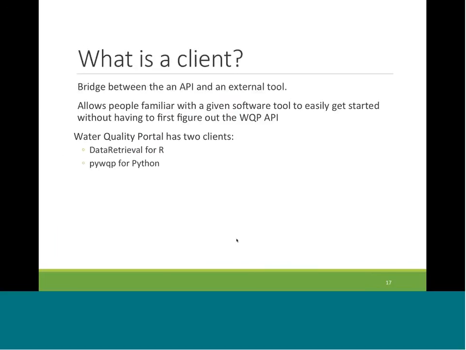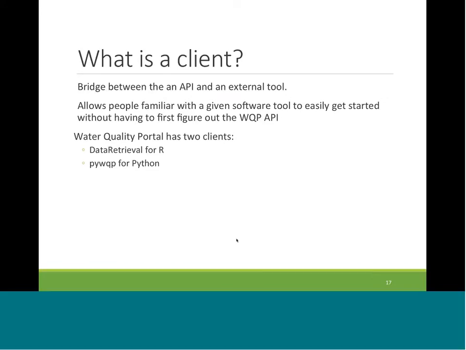There's another portion of functionality that we've built as a portal team that's outside of the portal, and that is clients. So we have an API, and maybe you're familiar with tools such as R or Python, which are programming languages that are used for data analysis.